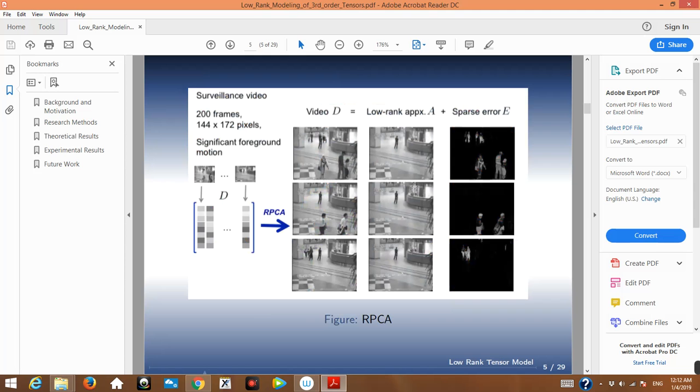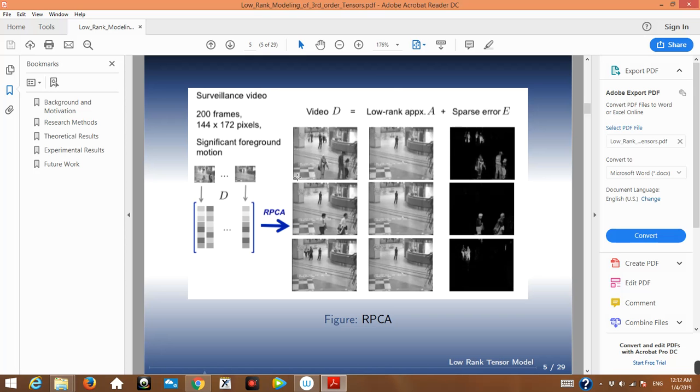For example, this is a video recorded by the camera of a mall. You can see the background of this video does not change, because those buildings and settings in this building do not change. But there are lots of people moving around.